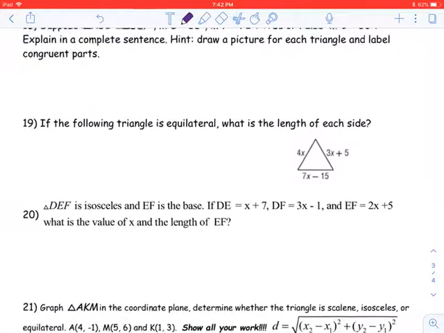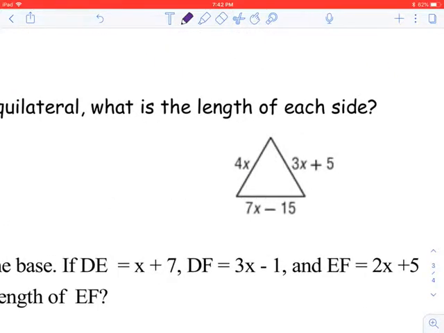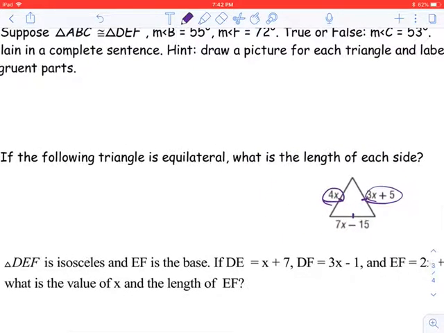So, number 19, if the following triangle is equilateral, what is the length of each side? So equilateral means these are all the same. So all I have to do here is pick two of them, set them equal to each other to find x. So 4x equals 3x plus 5. Subtract 3x to both sides, I get x equals 5.